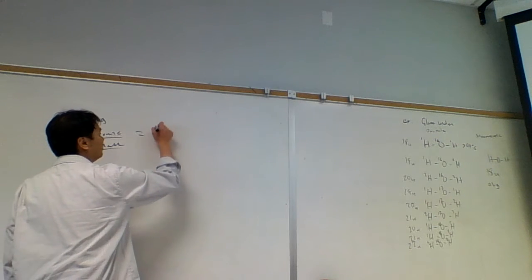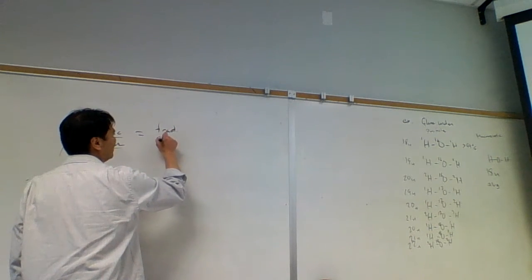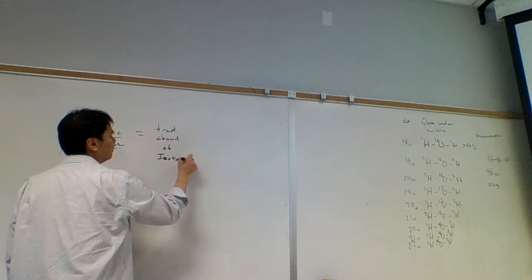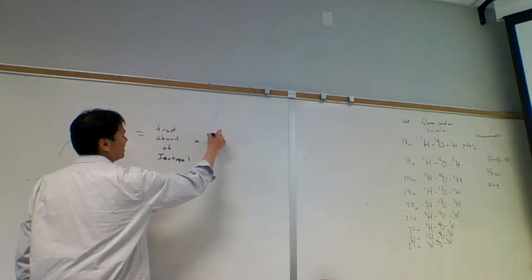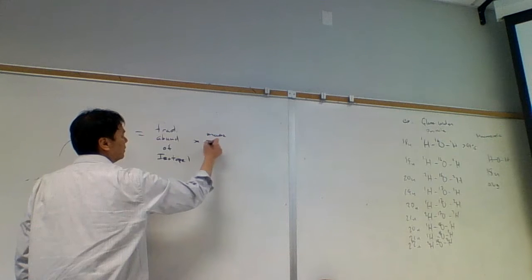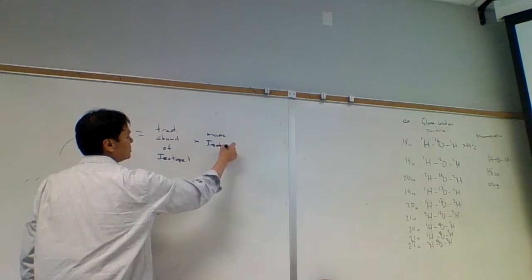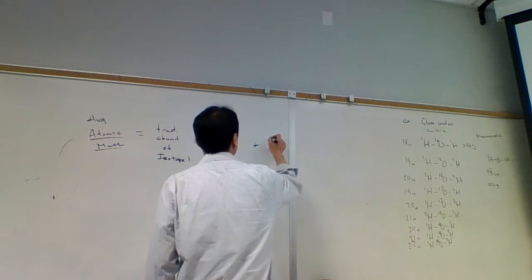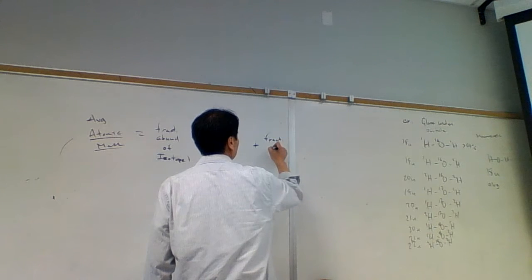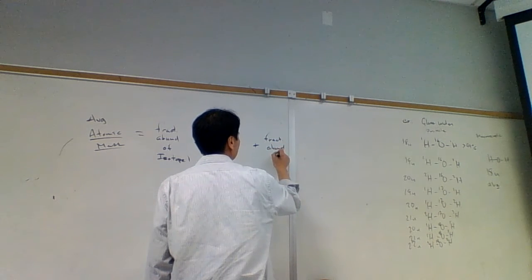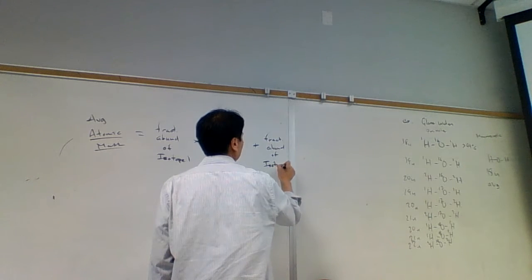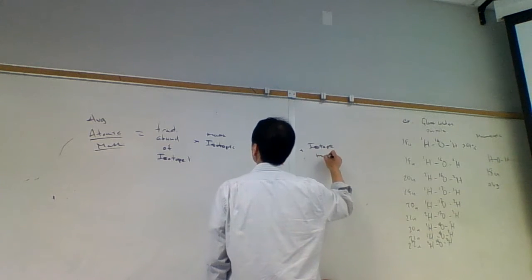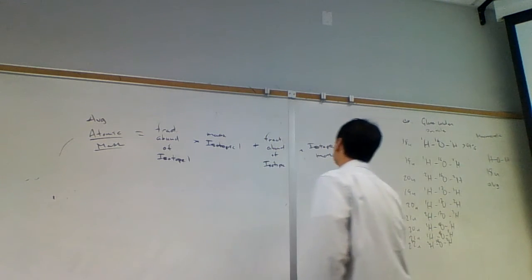And so we do the fractional abundance of isotope 1 times the mass of the isotope, in other words, the isotopic mass, plus the fractional abundance of isotope 2 times the isotopic mass of isotope 2.